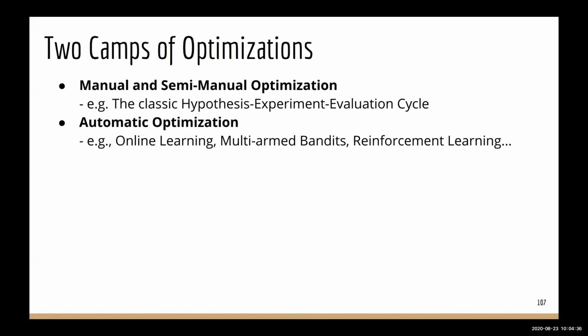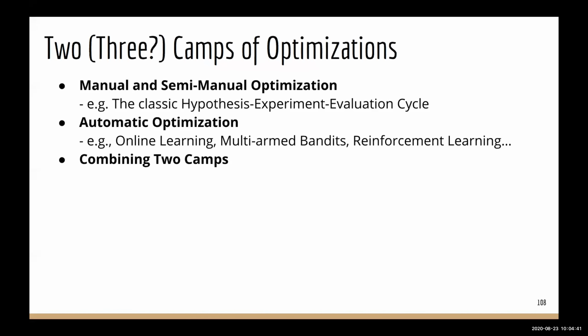I'll talk about it later. So these are two camps. And as I mentioned earlier, there is a trend of emerging topics where folks are starting to look at how we utilize the best from these two camps, enjoy the good part of both, and see how we can do the optimization. I'll mention this briefly after that.